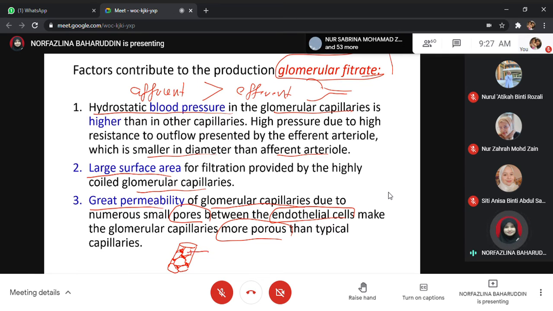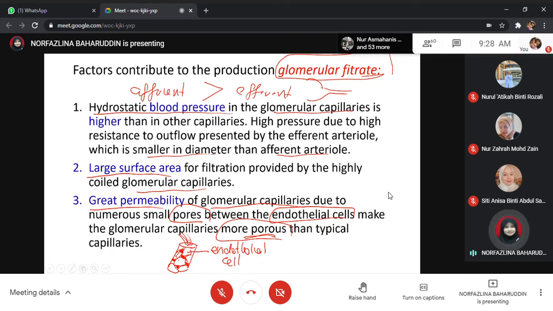Your capillaries are made of endothelial cells. Endothelial cells are very thin, about one cell thick only. Okay, one cell thick, thin. And there are pores here because they are not tightly packed. Okay, small pores between endothelial cells. So when there are pores here, it is porous. Porous means it can be penetrated, there are holes. So whatever is inside these capillaries, when there is high blood pressure, it can come out. Anything inside can come out.